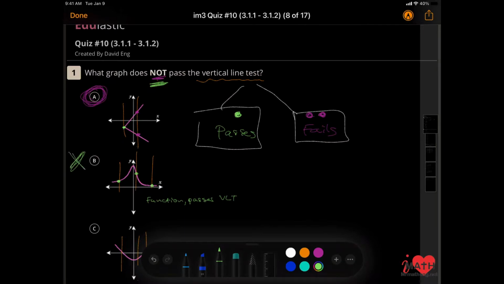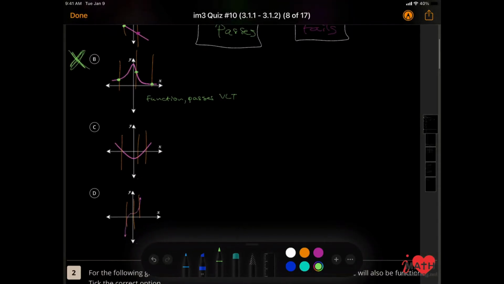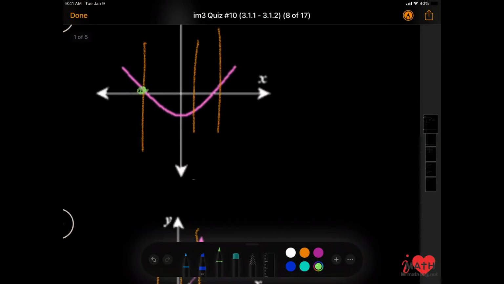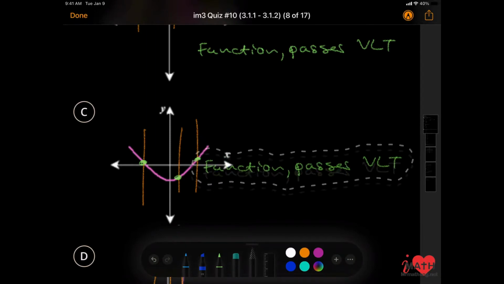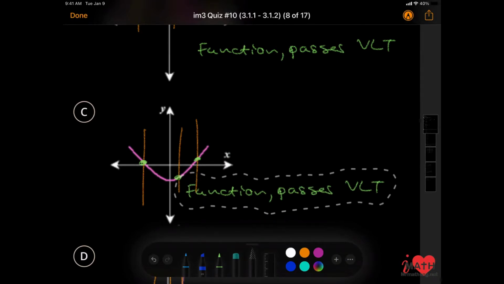So it's not going to be this one. Same thing here, passes, passes, passes, so this one is a function. This one is not what we're looking for.